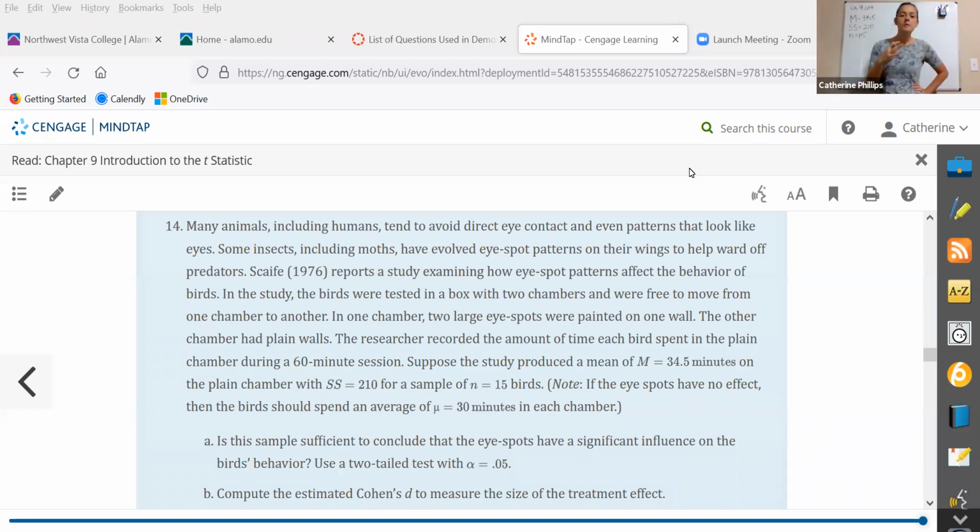Note, if the eye spots have no effect, then the birds should spend an average of mu equals 30 minutes in each chamber.